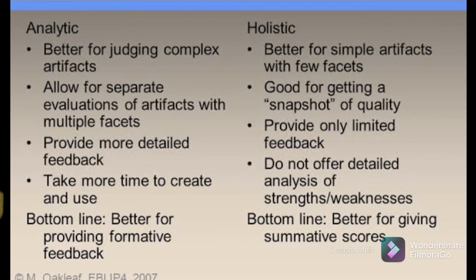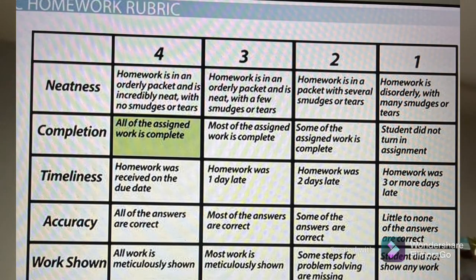Let us see an example of a basic homework rubric. In this example, you will find that there are 5 columns and 6 lines.